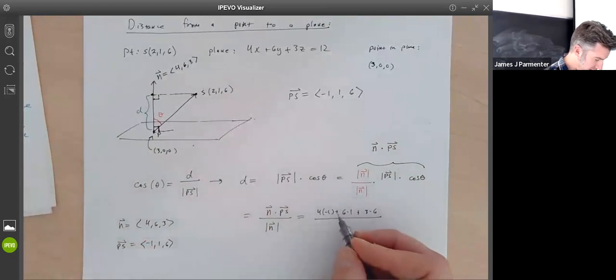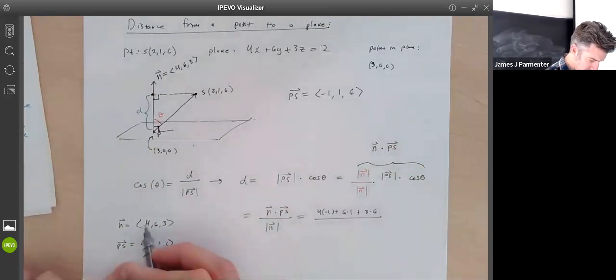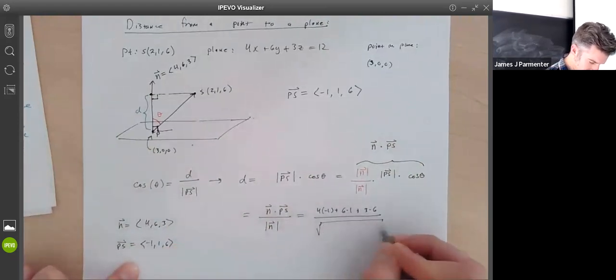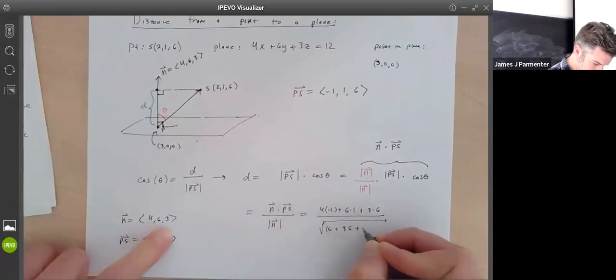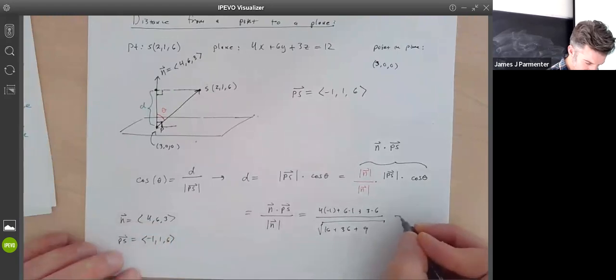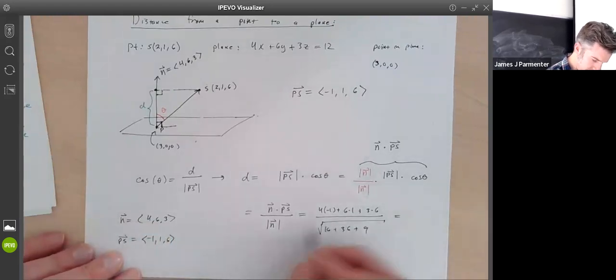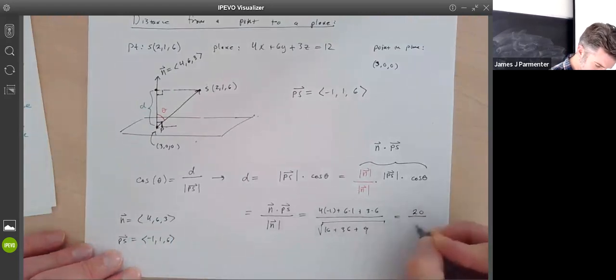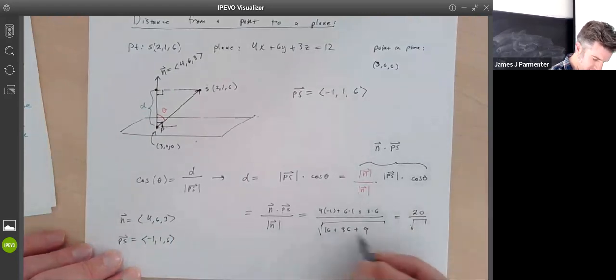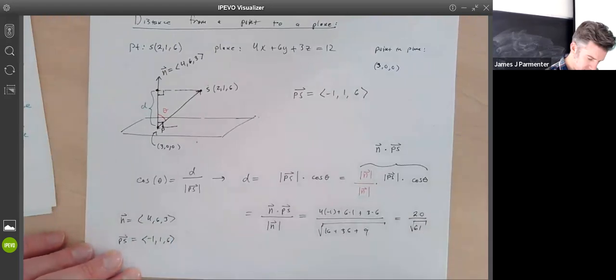The magnitude of n is the square root of 4 squared plus 6 squared plus 3 squared. So we end up getting -4 plus 6 is 2, 2 plus 18 is 20, divided by the square root of 52 plus 9, which is 61.